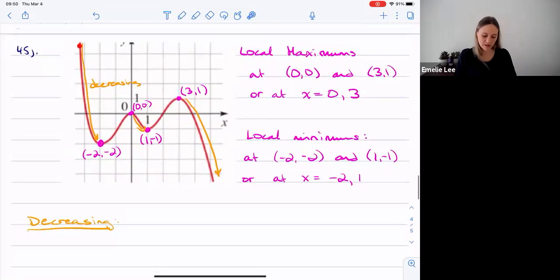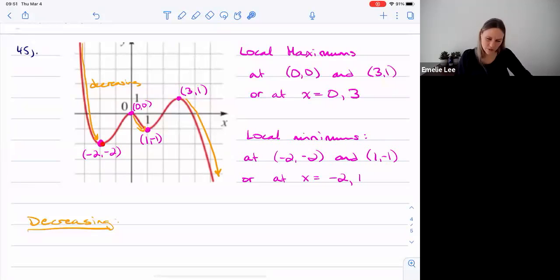And we assume that, of course, this graph goes to positive infinity and negative infinity. And so we're coming here from negative infinity, and we're going to be decreasing up till -2. I'm not going to include -2 because that's the minimum. So it's actually not doing anything. It's not increasing or decreasing. But I actually don't know what the rule is.